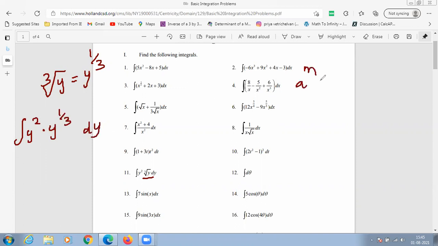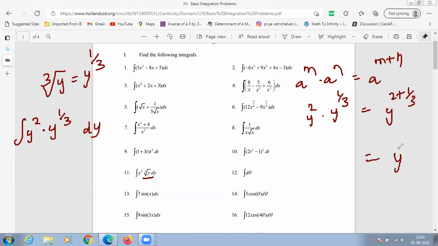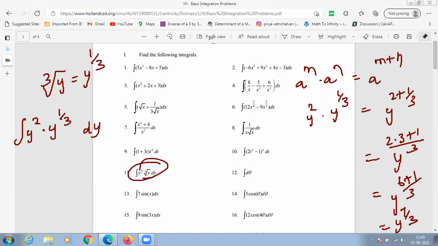So a power m into a power n can be written as a power m plus n. So just add the power. So y power 2 into y power 1 by 3 can be written as y power 2 plus 1 by 3. So it's y power 2 into 3 plus 1 by 3, so it's y power 6 plus 1 by 3. It is y power 7 by 3. So you can write the entire question as y power 7 by 3.